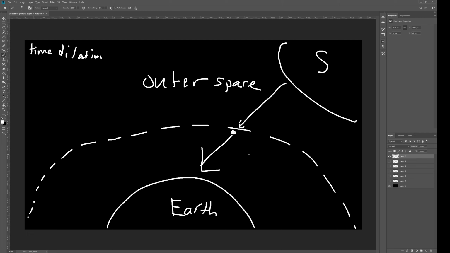What is happening is that this particle is called a muon. Muons are just particles, any type of particle that becomes energized by the rays from the sun.